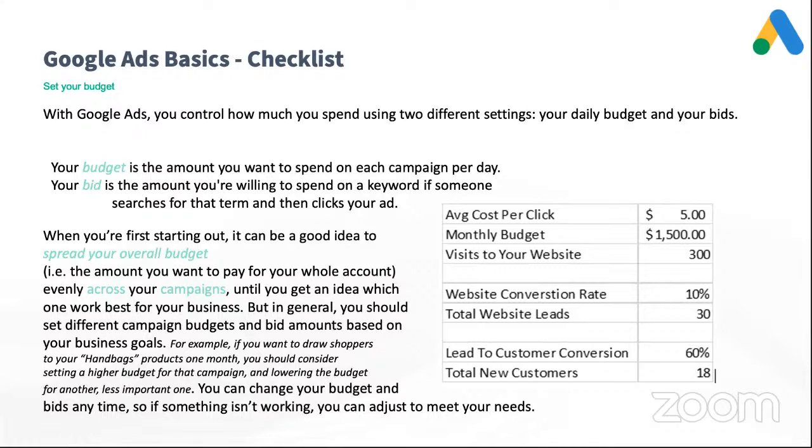That'll give us total website leads of about 30, and gives you an idea of how to plan it, put it together, and set yourself some goals and expectations. As you're going through the ads process, you can see what's working and what's not working against your strategy, if you like.